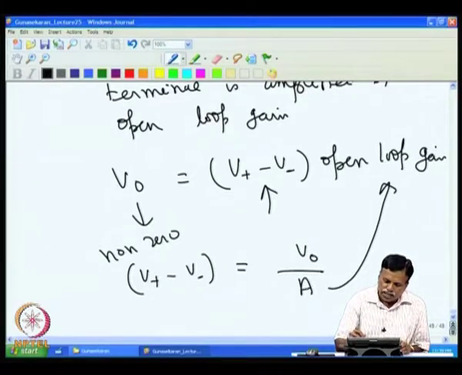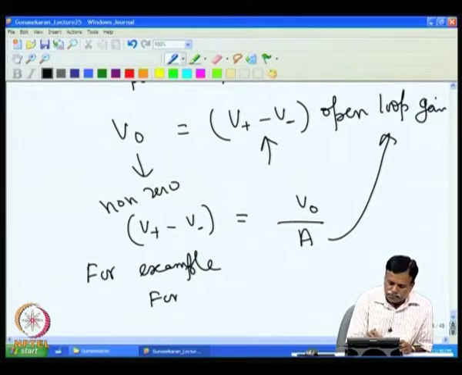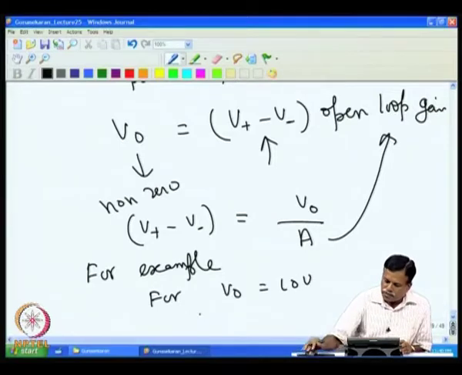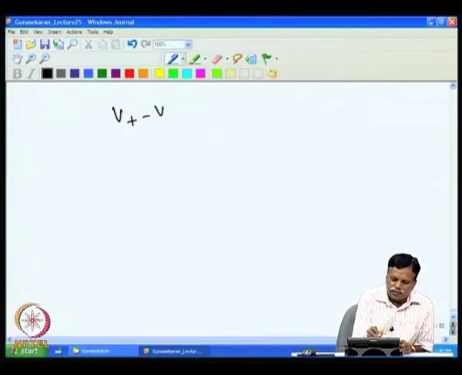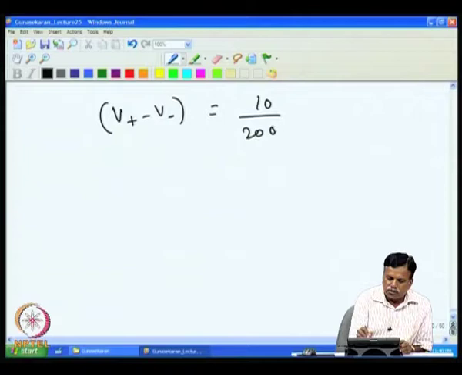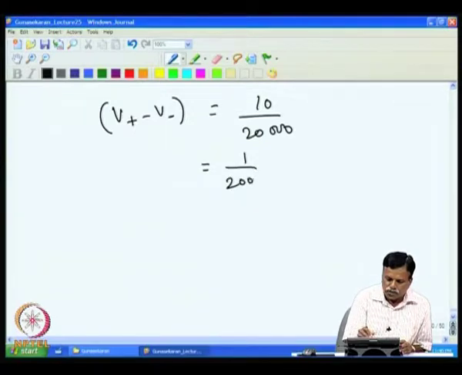If the gain is 20,000 and V0 is, for example, 10 volt, that is the minimum gain specified for the 741, then the difference between V plus and V minus will be equal to 10 divided by 20,000, which comes out to be 1 by 2000, which is coming in volts. In millivolts, that is 0.5 millivolt.